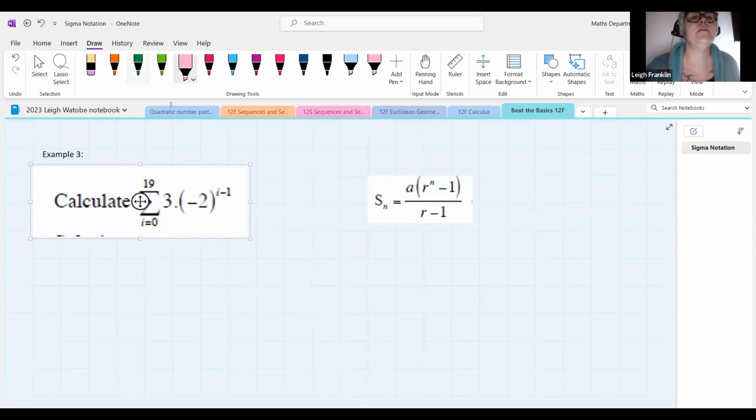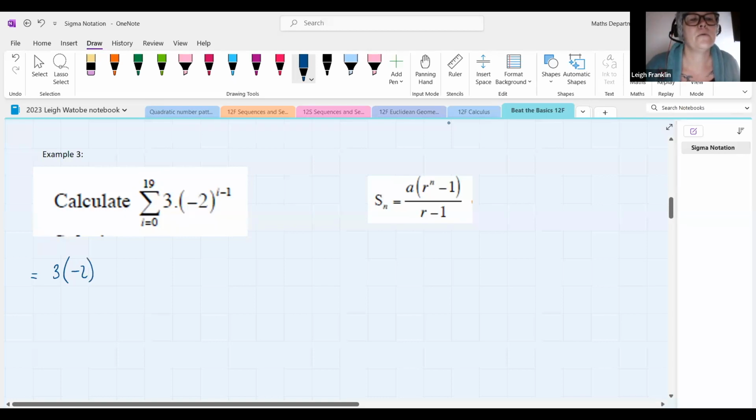So let's begin by subbing in. The first number that we're going to sub in is what, Matrix? What's the first number we are subbing in? 0. Beautiful. So I'm just going to do this a couple of times.